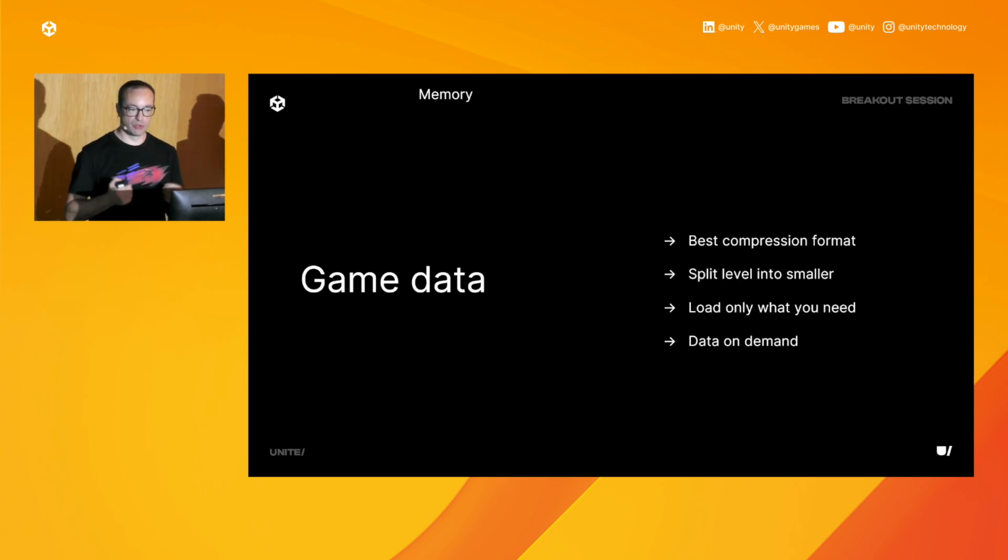To maintain visual quality while balancing memory usage, data optimization is required. Here are a few actions to consider. We selected the best compression format for our assets, memory versus quality. We created a tool to split levels in an easy way to rebalance memory usage. It may sound obvious, but one of the best memory optimizations is the data we don't load.